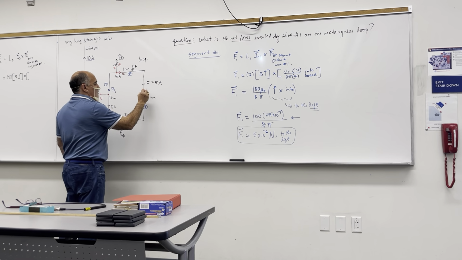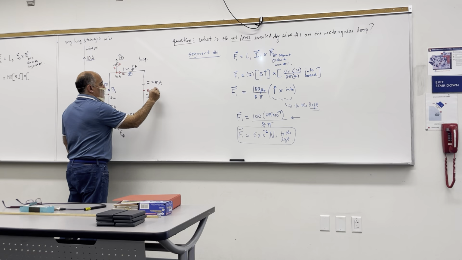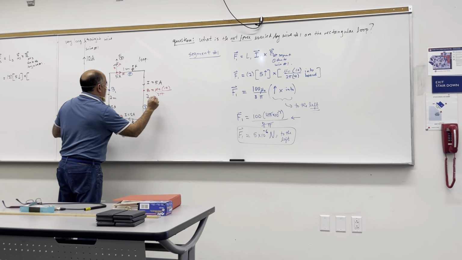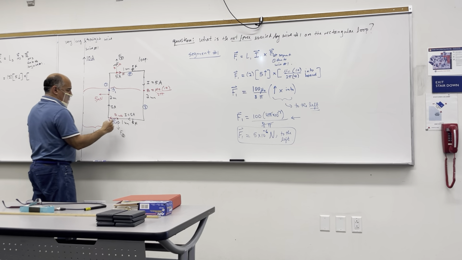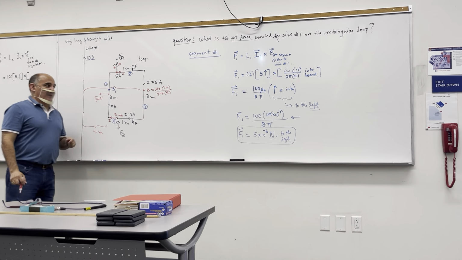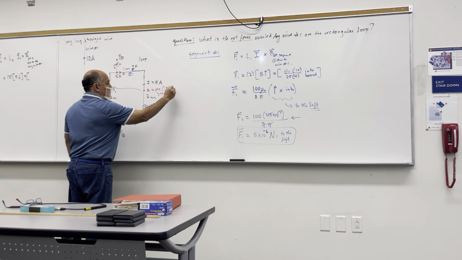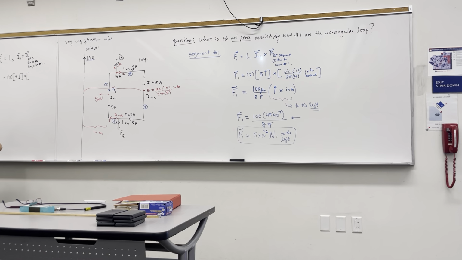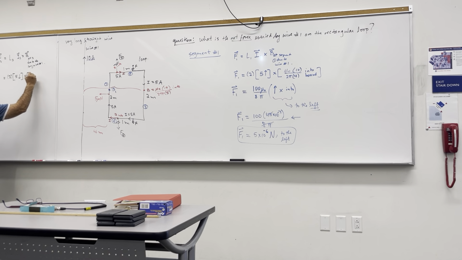So the magnetic field here would be mu naught times 10 amps divided by 2 pi, and r looks like it's going to be 5, and it's into the board.